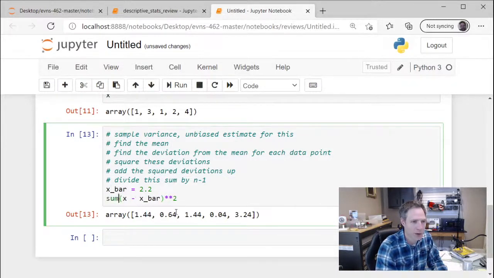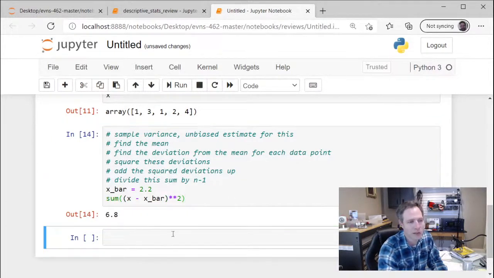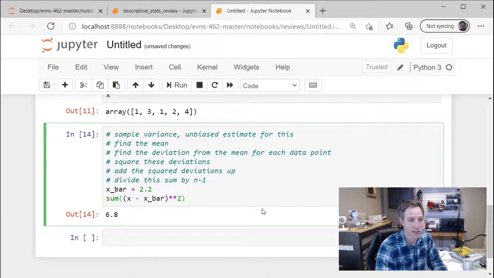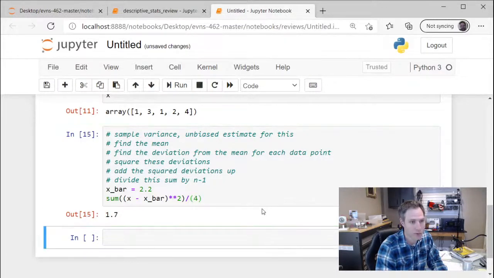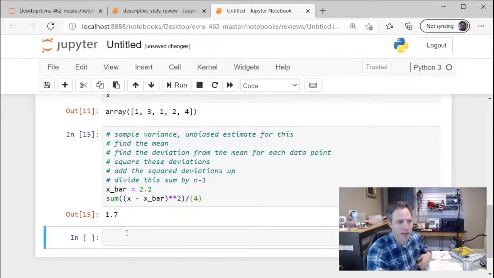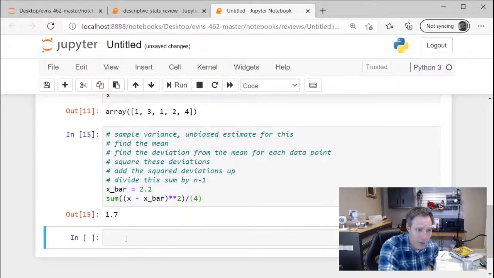And then the next part is to sum up those squared deviations. I get 6.8. And the last part is to divide by the number of data points in my data set minus 1, which is 5 minus 1, which would be 4. Okay, so I get a variance of 1.7 for this sample.